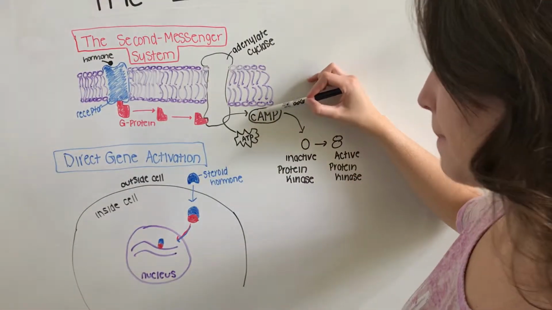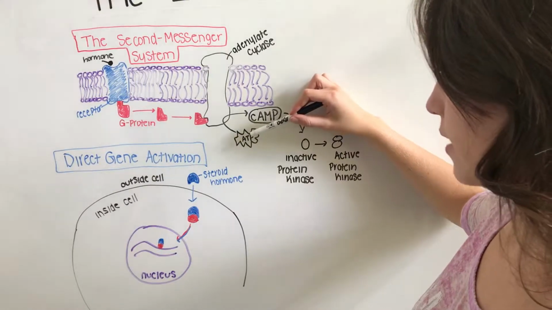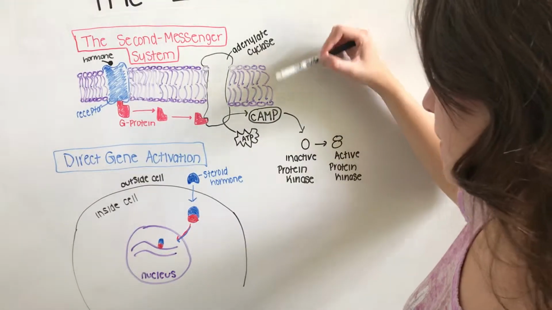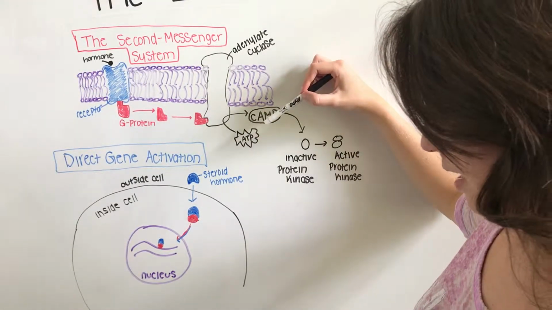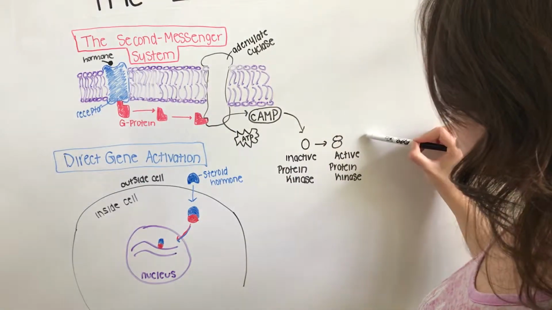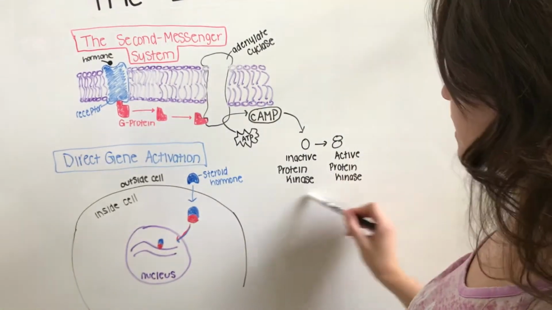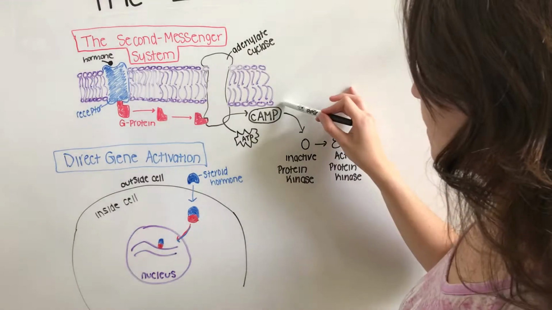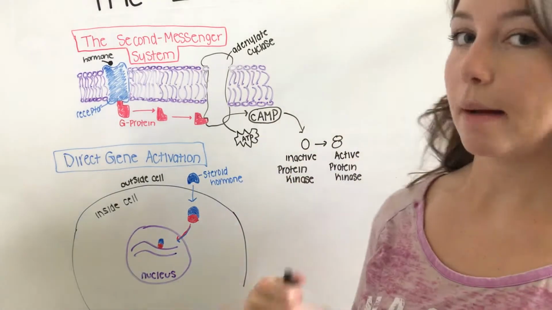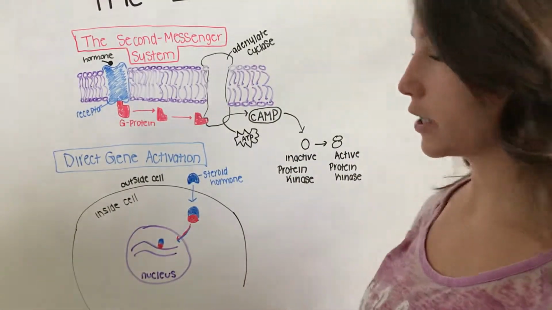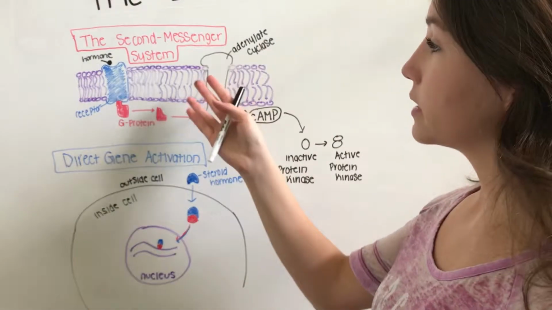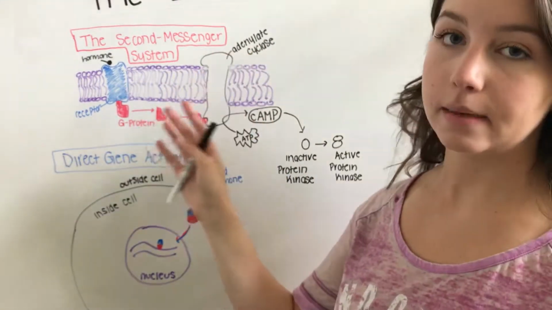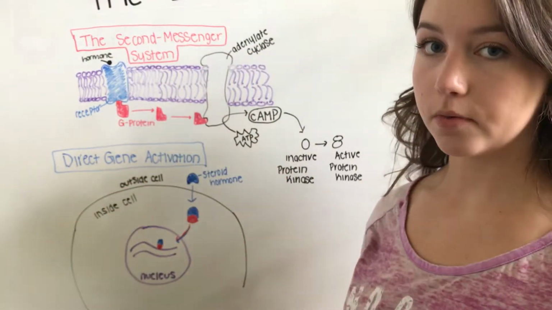So M for mono instead of T for tri. Then cAMP is going to initiate enzymatic reactions, as you can see here. Once cAMP has done its job, it's going to be rapidly broken down by phosphodiesterase. So again, that's how the system works if it is an amino acid-based or water-soluble hormone.